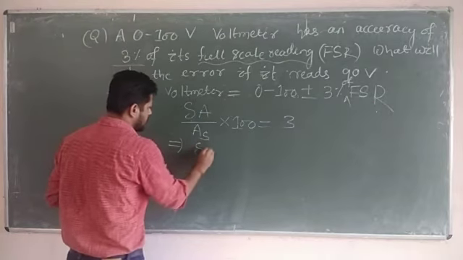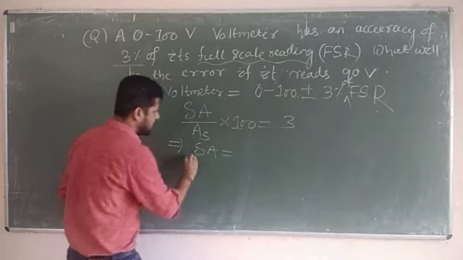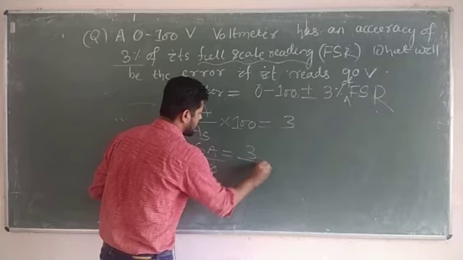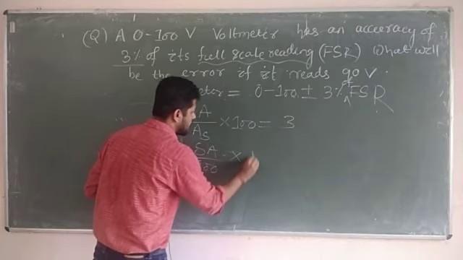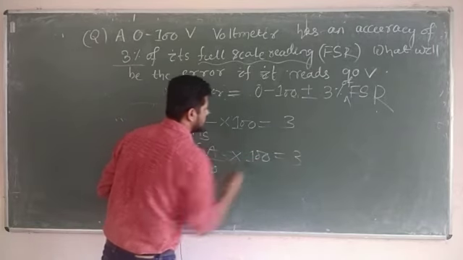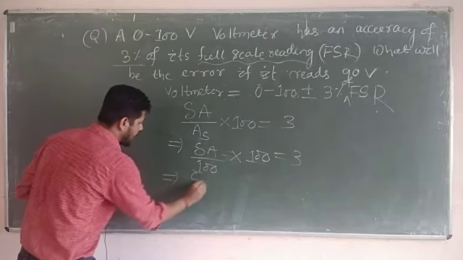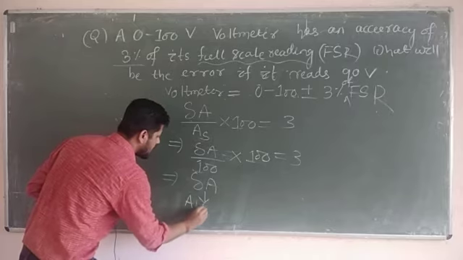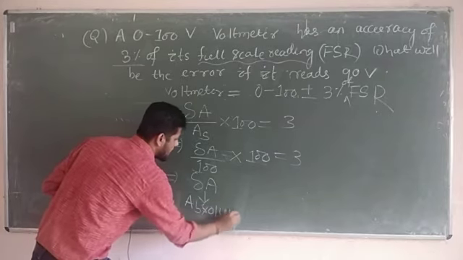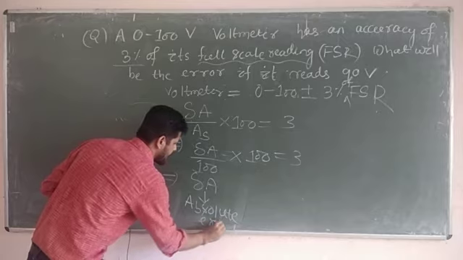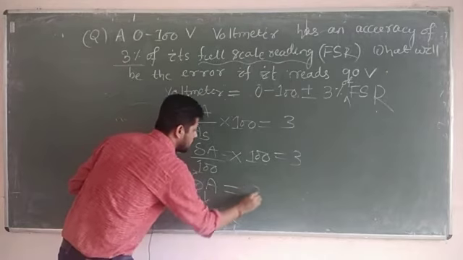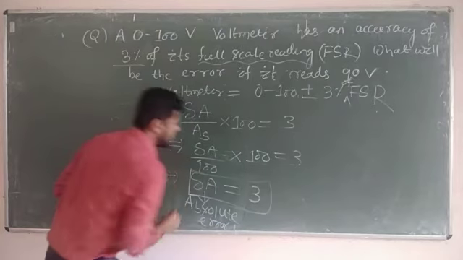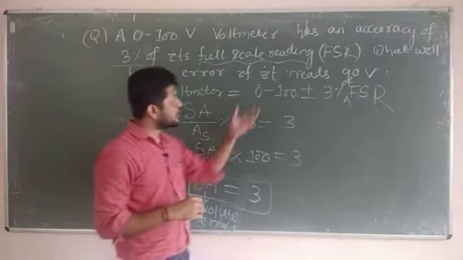So delta A by 100 into 100 equals 3, which is 3 by 100 into 100. From this we can calculate the absolute error. This delta A means absolute error. Absolute error is equal to 3 from the given data.